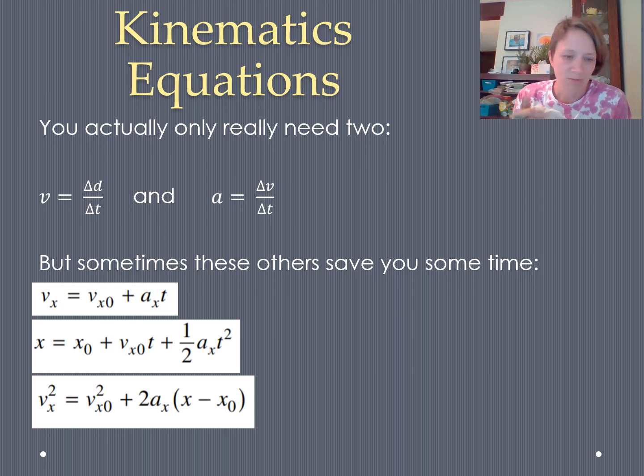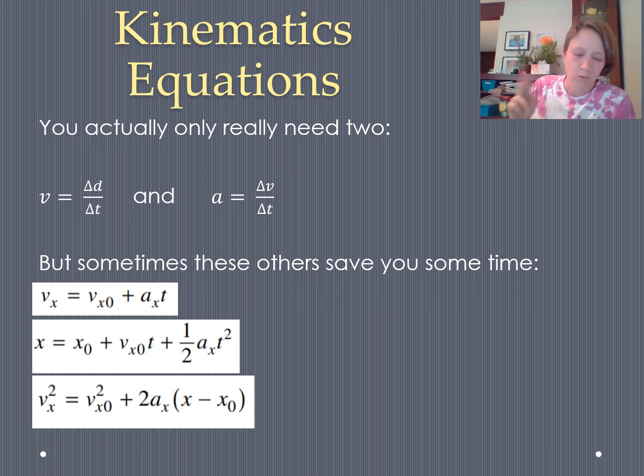The next equation: x is going to be the final displacement of an object, equal to the initial displacement of the object plus the initial velocity of the object times time plus 1/2 times the acceleration of the object times time squared.